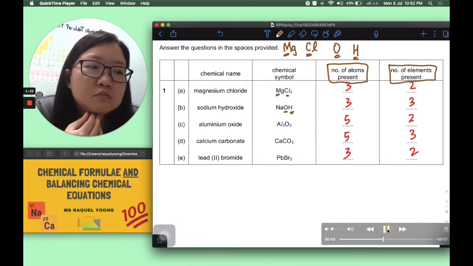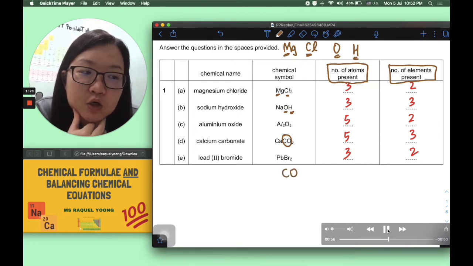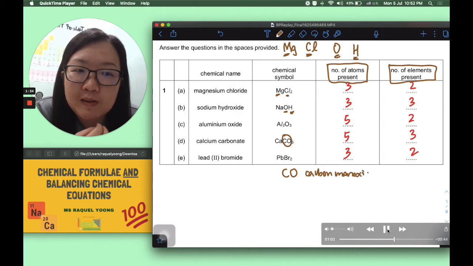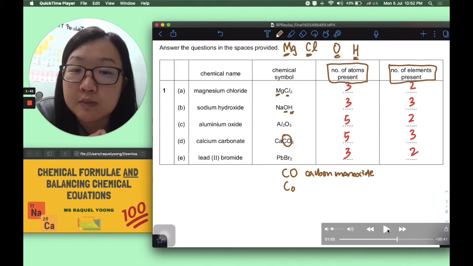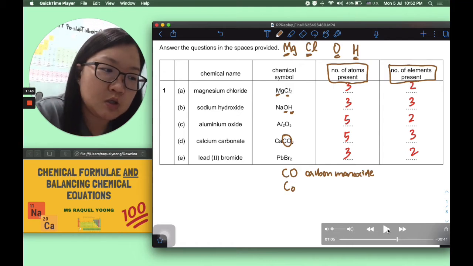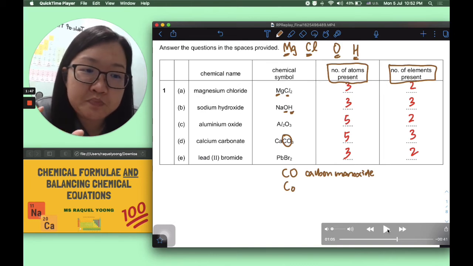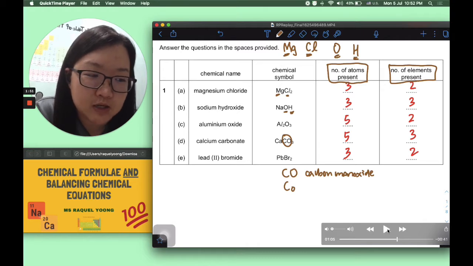Okay, so I just wanted to use 1D to highlight a very common mistake. If you see calcium carbonate, the part that I circled, if you write capital C, capital O, this actually represents two different elements, carbon and oxygen, and CO, big C, big O, is actually a chemical formula for a compound, carbon monoxide.